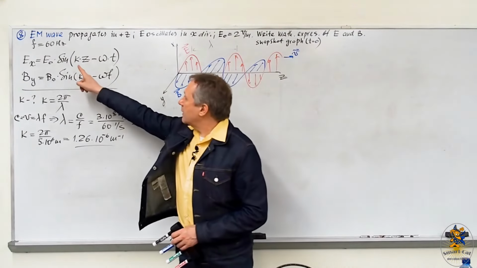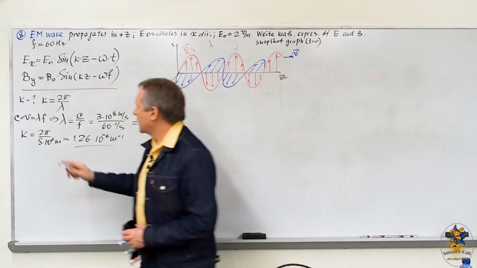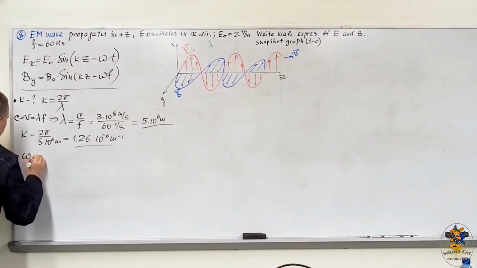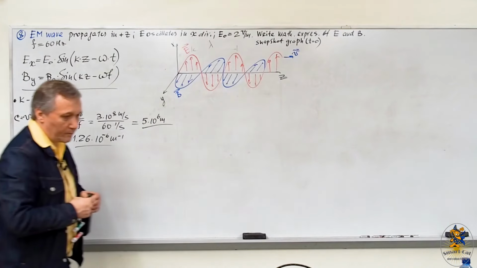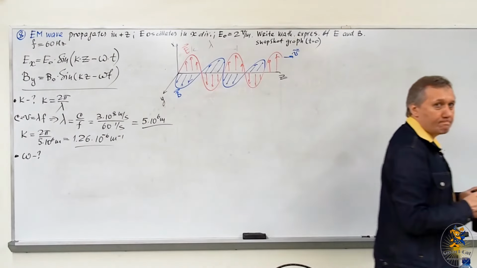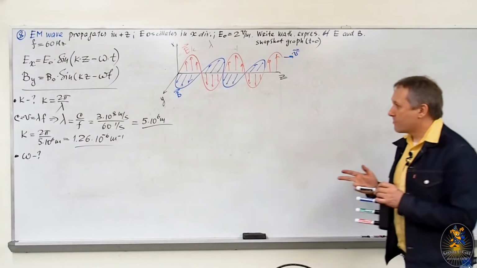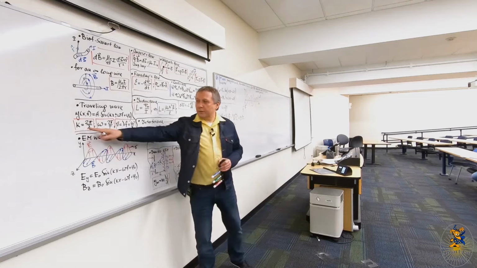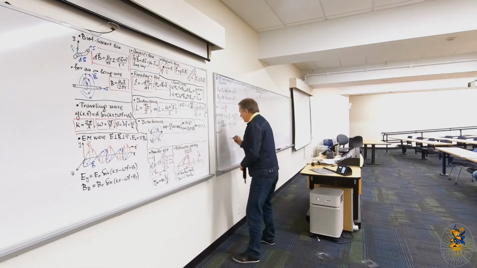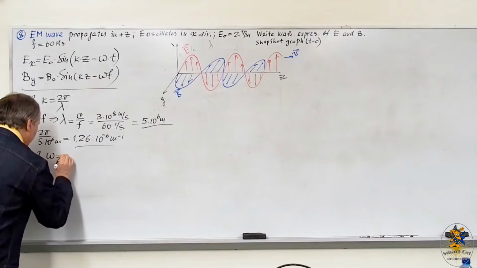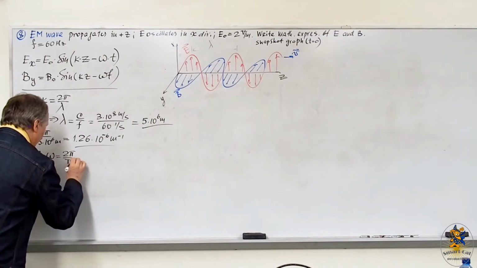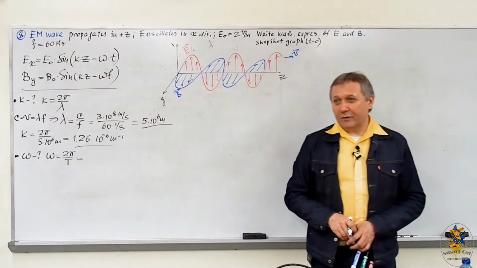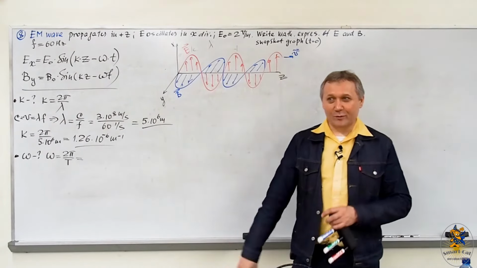Okay, we found k. Now, next, omega. Let me put here the first bullet, k. Now, what about omega? I would start again from the definition. We introduce k and omega in a very similar way. So omega equals 2 pi divided by T. Period is not given, but we have frequency, and they are reciprocals of each other, T and f.